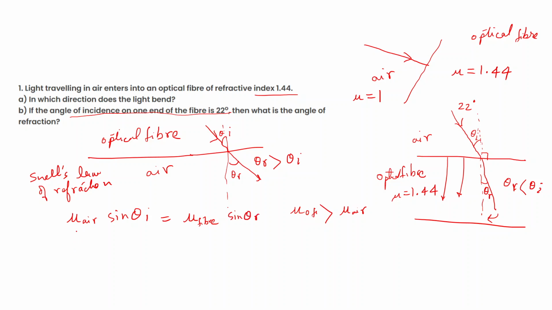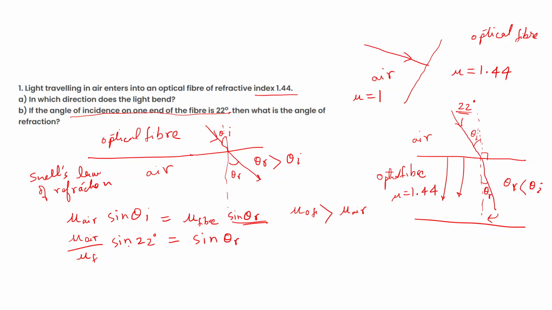Okay, we have to find out what is the angle of refraction, this value. So I'll take the ratio of the refractive index of air divided by the refractive index of fiber, multiplied by sine theta I, which is given as 22 degrees, sine of 22 degrees. If we calculate the left side of this equation, I'll find sine theta r. Then from that we'll try to find theta r.